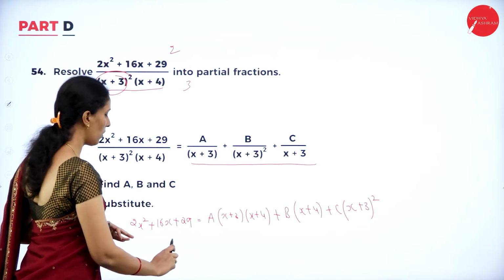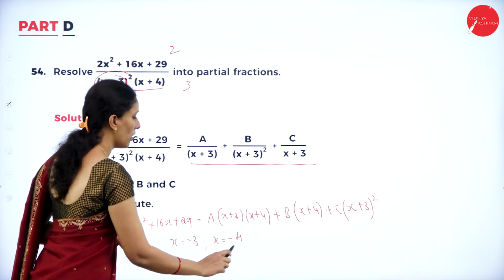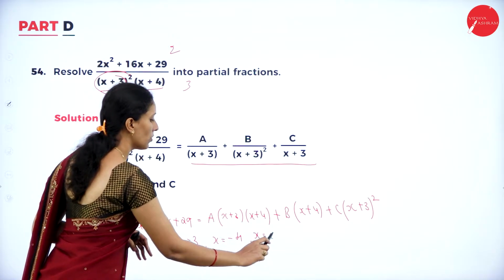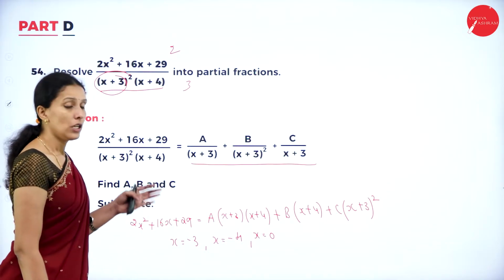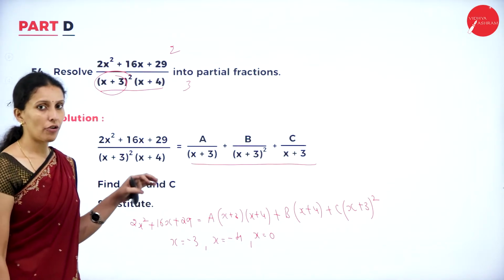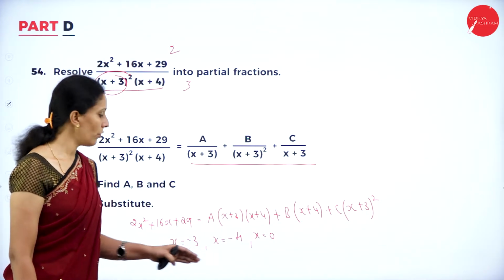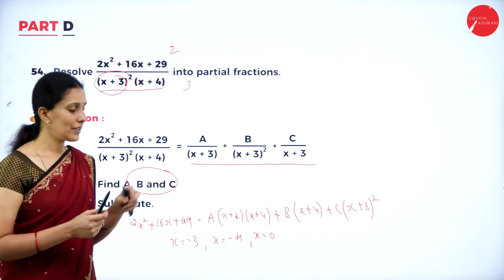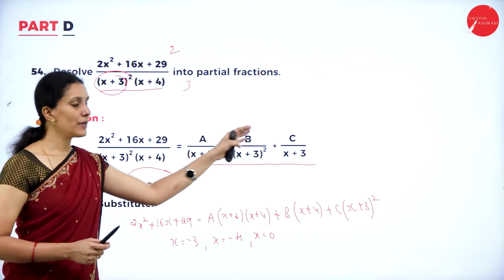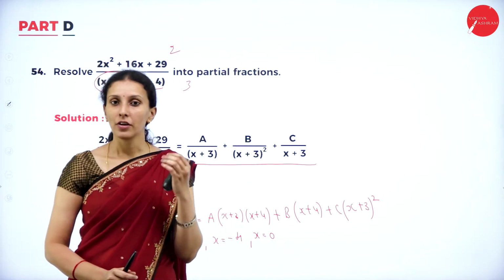First put x is equal to minus 3, then take x is equal to minus 4, then again take x is equal to 0, or you can equate the coefficient of x square. By equating the coefficient of x square and putting the linear factors directly to 0, we can find the values of a, b, c. Once you find the values of a, b, c, substitute them in the given equation. Thus, the partial fraction is resolved.